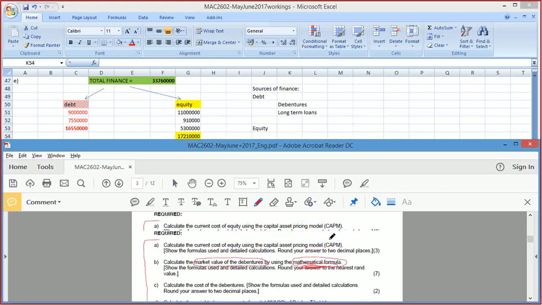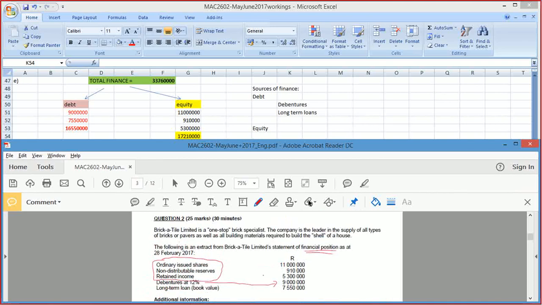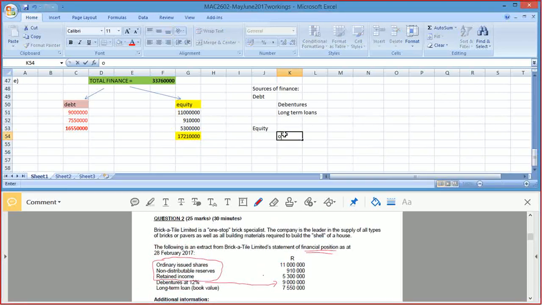What is the 11 million for? Ordinary shares. I'm just going to write reserve instead of the whole thing, it's shorter. And then retained income. So debentures was this, ordinary shares was that, reserves was that, retained income was that.